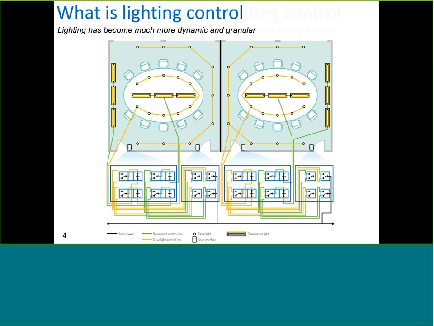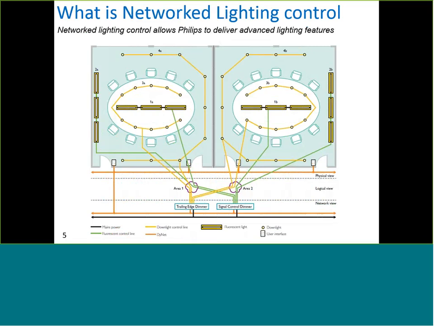With a networked lighting control system, we're able to deliver these different features and benefits that Philips has developed through its luminaire package to our customers at the press of a single button. All of the complexity about how the luminaires were wired back to the controllers and how the users interact with the luminaires has been simplified by the use of a lighting control system.